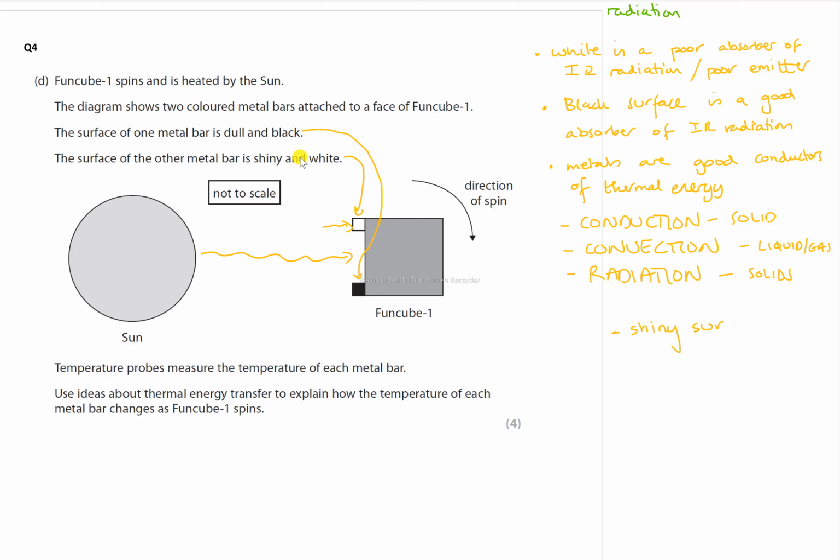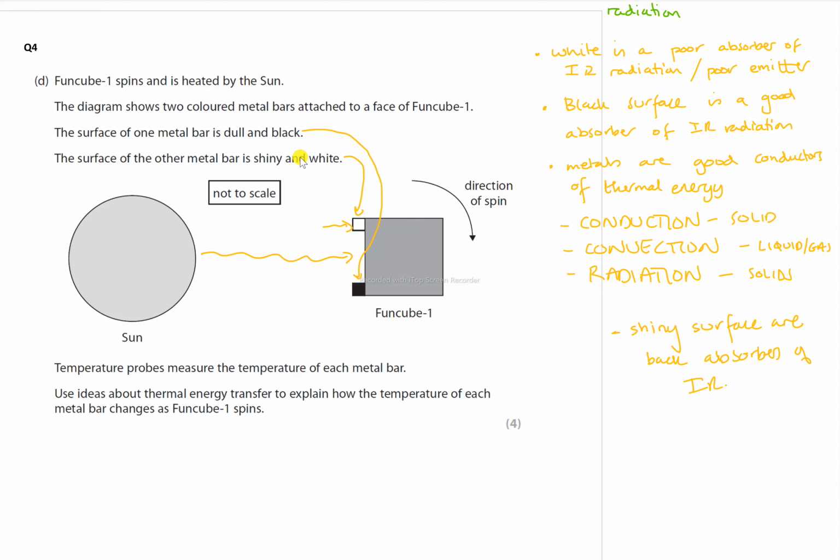Shiny surfaces are bad absorbers of infrared. Dull ones are better. We'll come to that.